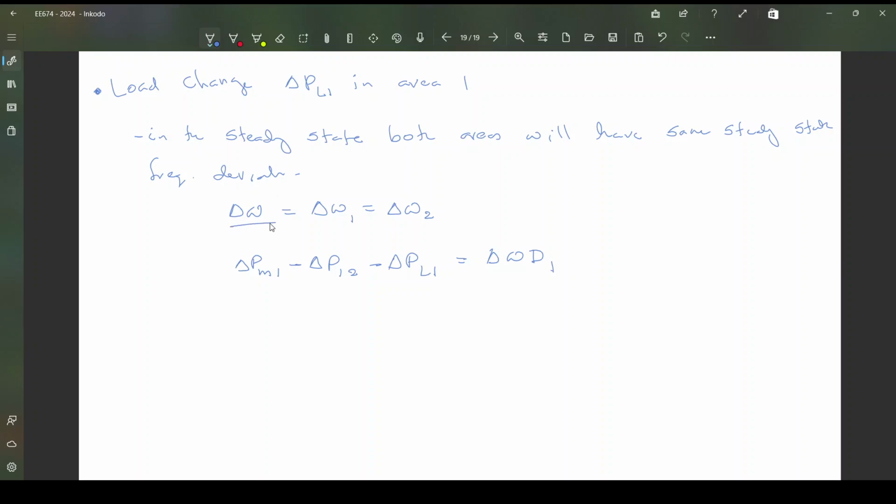And in the same way, delta Pm2 minus delta P12 would be equal to delta omega T2. There's no load change in area 2, right? All right.